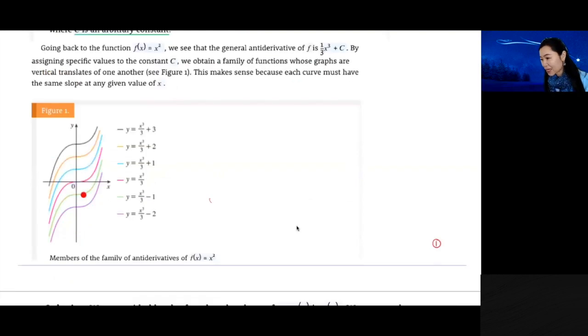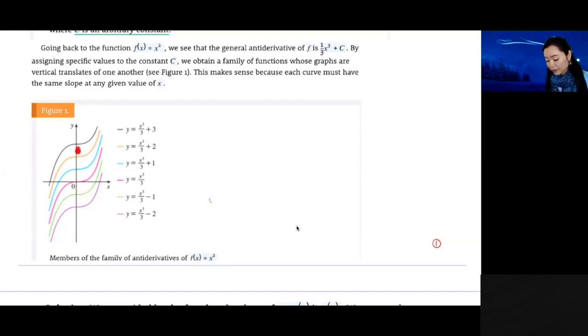If you try to visualize it, 1/3 x cubed is the one passing through the origin. If you add 1, you shift this pink graph up 1 unit and get this blue graph. If you add 2, you shift the pink one up 2 units and get this orange one. If you subtract 1 from x cubed over 3, you get this green one, shifted down 1 unit.